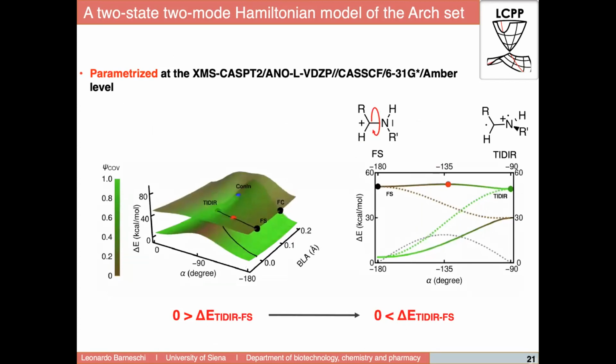We can represent this data as a mixture of two pure diabatic states: a ground state, which has a covalent character at the Franck-Condon point, and an excited state that, as an approximation, we assume has a full charge transfer character. By defining a very simple 2x2 Hamiltonian, we can represent the analytical adiabatic surface, which I show here.